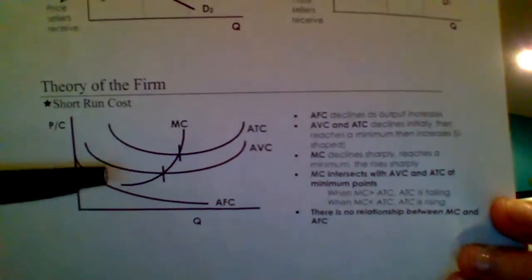Our marginal cost curve is a Nike swoosh. We always draw it as a Nike swoosh. And the reason for the marginal cost curve shape is because our marginal cost will decrease until we hit our maximum point of production, until our productivity is maximized. And then once our productivity is maximized, and our productivity starts to fall, then our costs start to go back up, which is why we get that Nike swoosh shape.